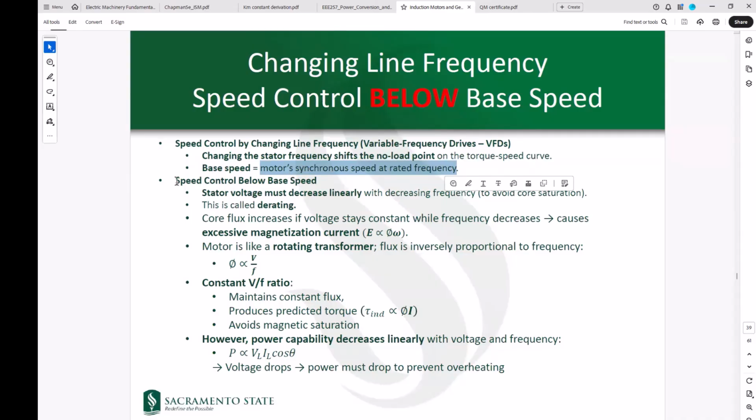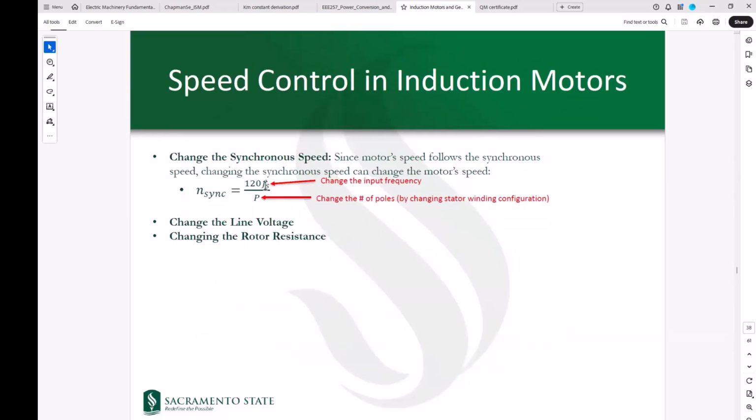If you're operating the machine below the base speed, you should note that the stator's voltage must decrease linearly as you decrease the frequency. Suppose that you have a certain speed and you want to reduce it by lowering the input frequency.